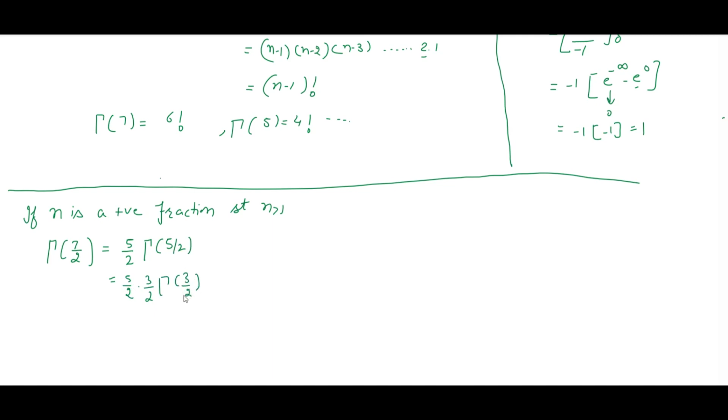Still 3 by 2 is greater than 1, so again you can reduce 5 by 2 into 3 by 2, again subtract 1 here, 3 by 2 minus 1 is 1 by 2 gamma of 1 by 2. Now you have to stop this process, because now the quantity in the bracket is not greater than 1. So this is another reduction of gamma function when n is a fraction. So these are the important results, definition and recurrence formula regarding gamma function.